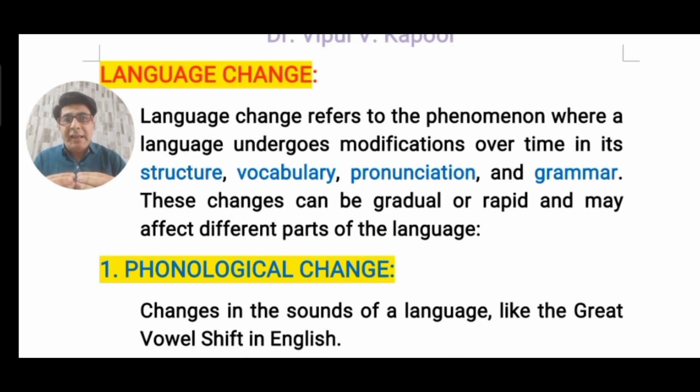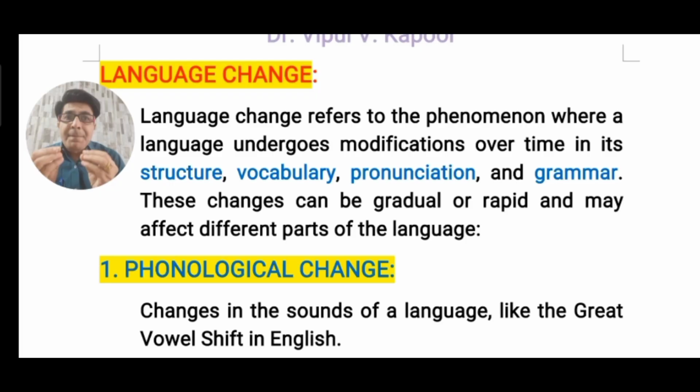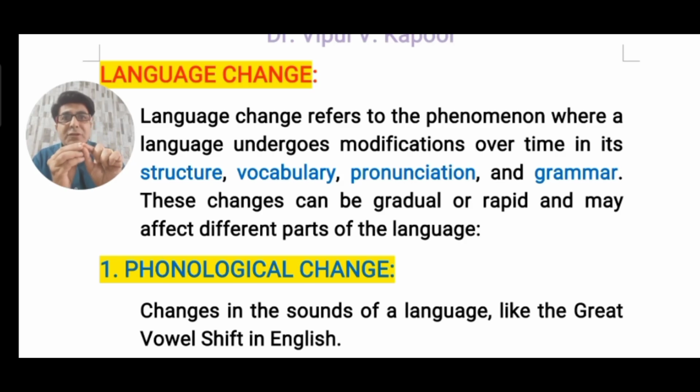See what a language change is. You must have seen that when we were children, we used to play a game. We used to sit in one circle and one child passes a message to the other child. The same message is passed on to the next child, and this is how a message passes from the first person to the last person.